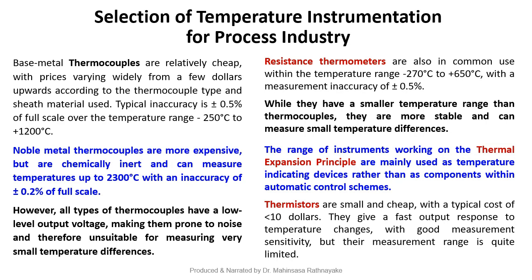The other thing is, the range of instruments working on the thermal expansion principle are mainly used as temperature indicating devices rather than in automatic control systems, because we have to discuss control systems also. In the process industry, normally we have to control parameters like temperature, pressure and so on.